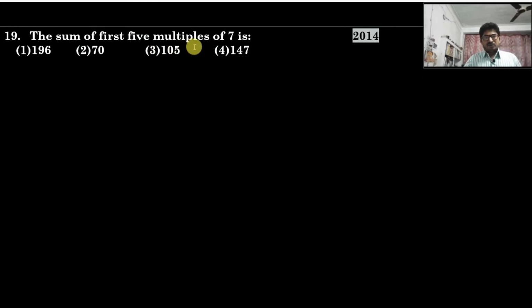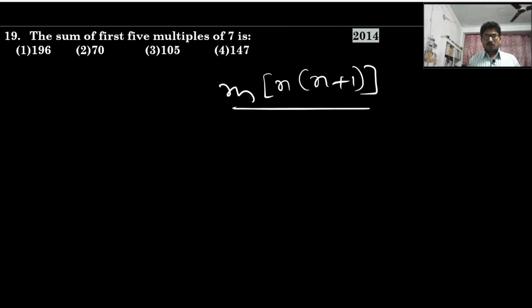The sum of the first 5 multiples of 7. Same formula, that is m into n plus 1 by 2.